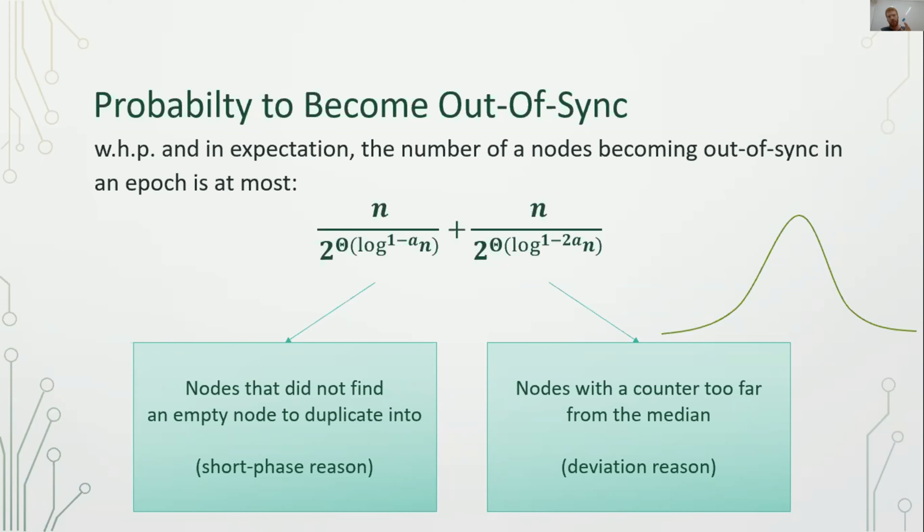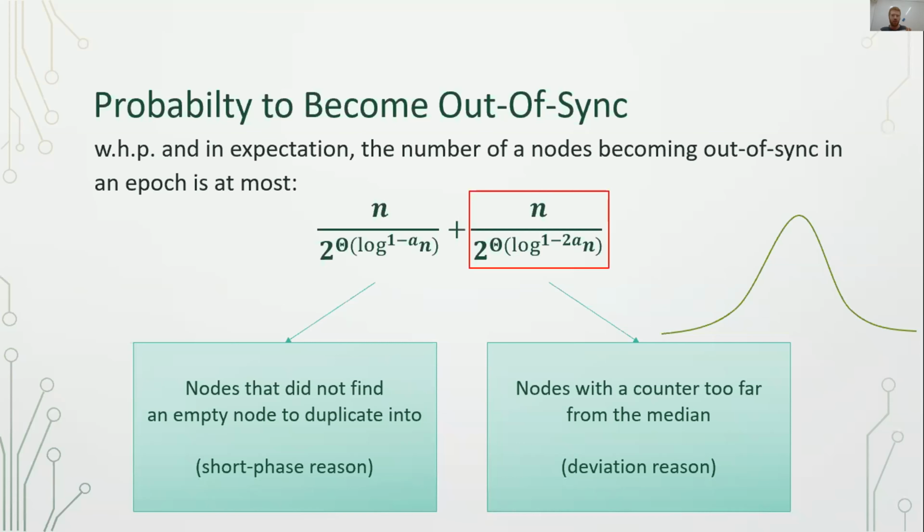Berenbrink et al. bounded the number of such nodes by this expression. The first term is nodes that didn't participate in the duplication due to the short phase reason, which means they didn't find any empty color node to duplicate into. We will not discuss this term. We will discuss the second reason, the deviation reason. Since each node knows which phase it is in by a counter, a node's counter can be far away from the average counter.